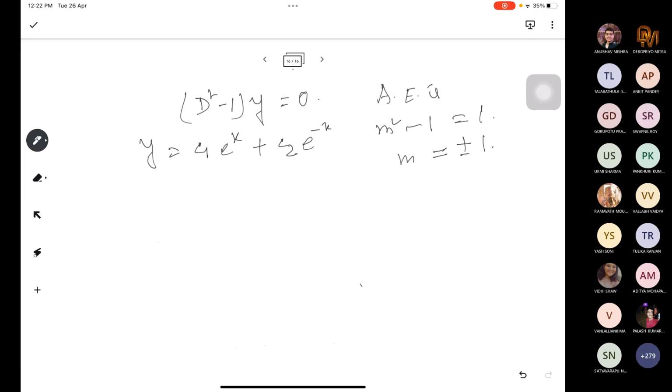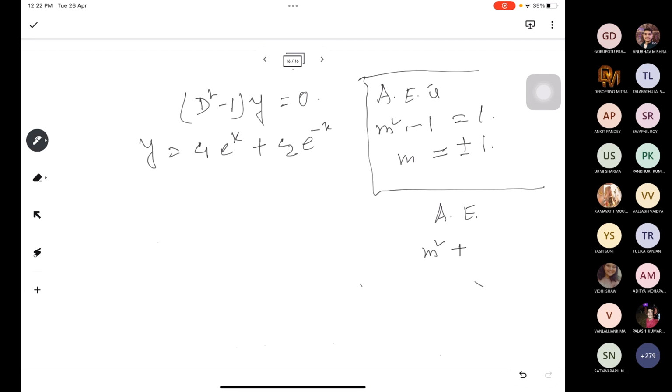In the other case, the first problem, when the roots were imaginary, the auxiliary equation was m square plus a square equals 0. M is equal to plus minus i a.